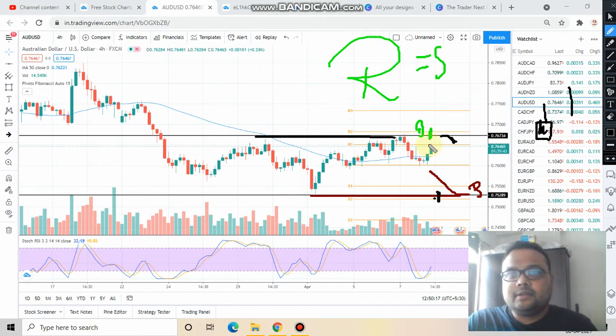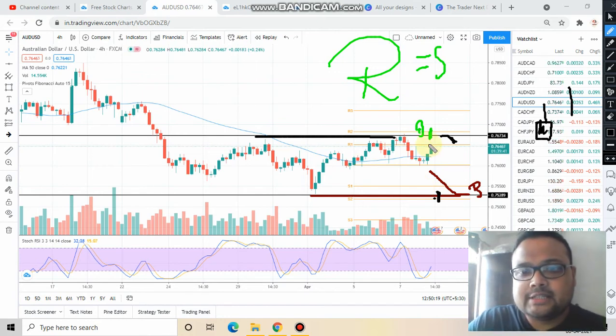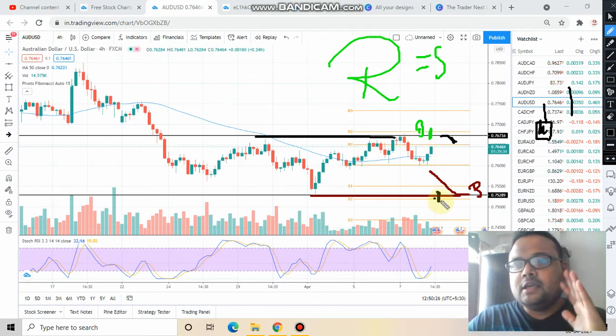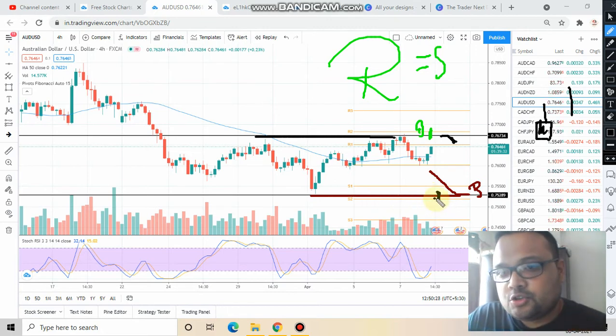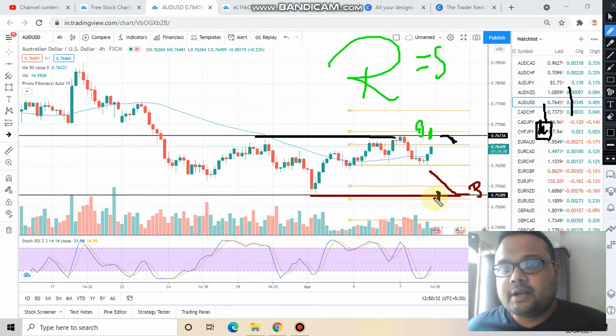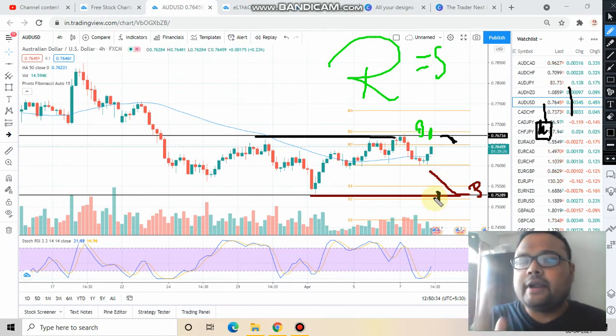And actually the subscriber also told me the same thing, that he will be shorting the market below this level. Whether you follow any chart pattern or support resistance, you will get a good opportunity to short the market here. And if you're also seeing a head and shoulder pattern, then this is also a very good position to short the market. But do remember, there should be confirmation.